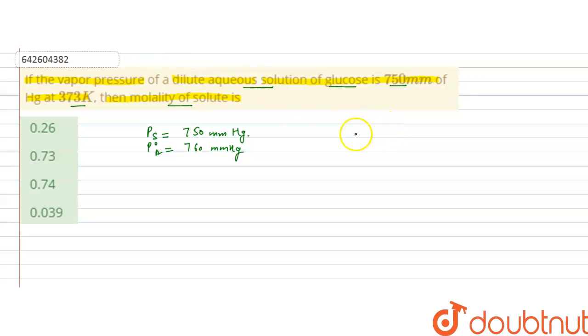So molality is calculated as: molality is equal to number of moles of solute divided by mass of the solvent into 1000. So this is how the molality is calculated.